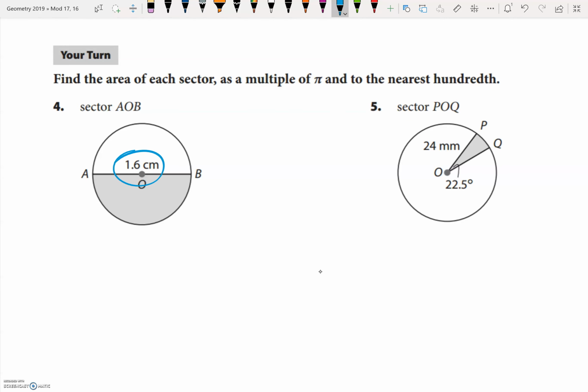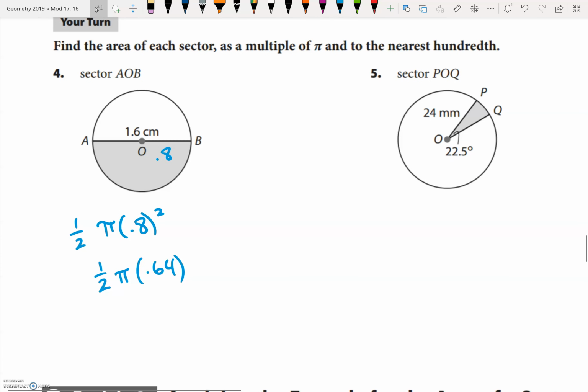If our diameter is 1.6, then that means our radius is going to be 0.8. So we'll say pi times 0.8 squared times a half of a circle. So 1/2, or I could have said 180 over 360, but no need to do that. We'll just do a half. That's going to be a lot easier. So we have 1/2 pi 0.8 squared. That's going to be 0.64.